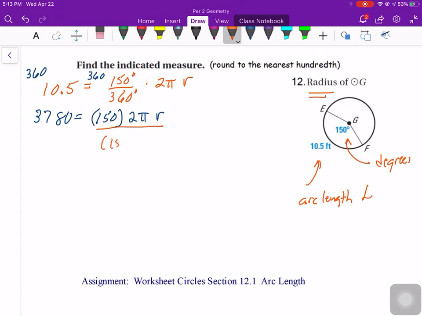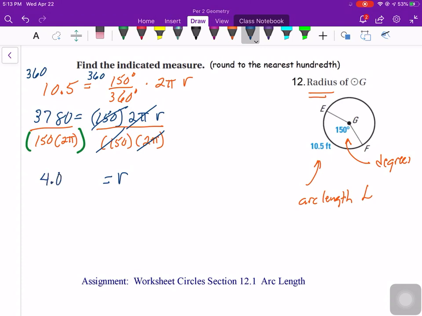We'll divide by the 150 times 2 pi. And again, when you put it into your calculator, you'll want to enclose all of that in a parenthesis. On the right side, we can see that everything cancels except the r. And on the left side, to the nearest hundredth, we get 4.01 feet.